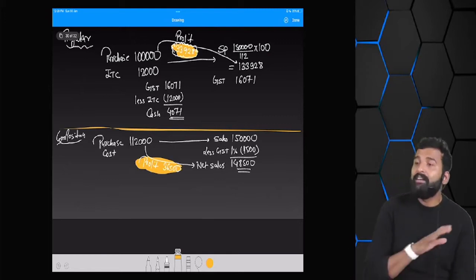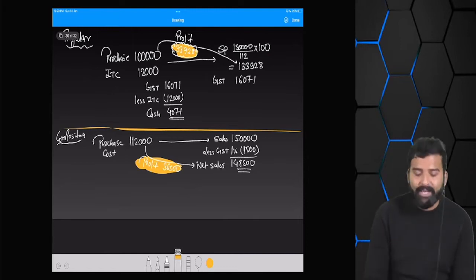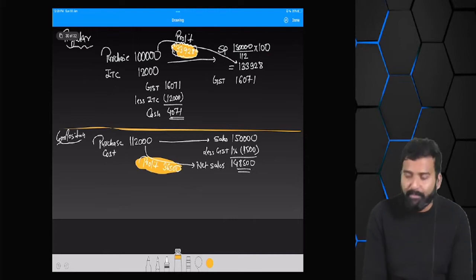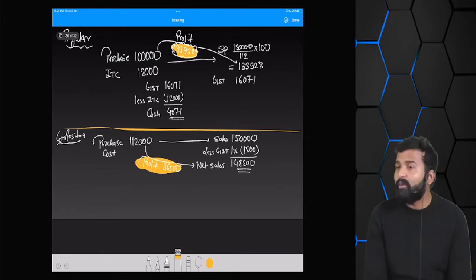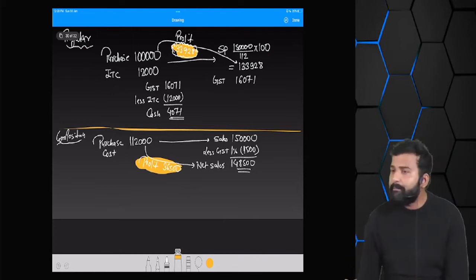You can see, without changing the price, he is earning higher in the composition scheme as compared to the regular scheme. That is the benefit of the composition scheme, because of the low tax rate and the simplicity of the scheme. First of all, he does not have to avail any credit. He does not have to collect tax from the customer. He just has to purchase and sell. He will be paying tax from his own pocket only.